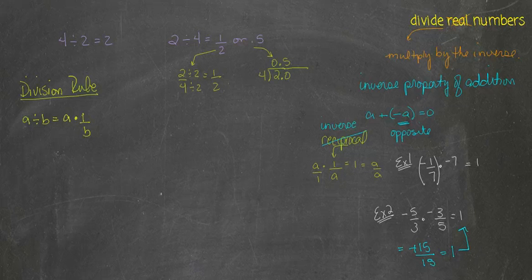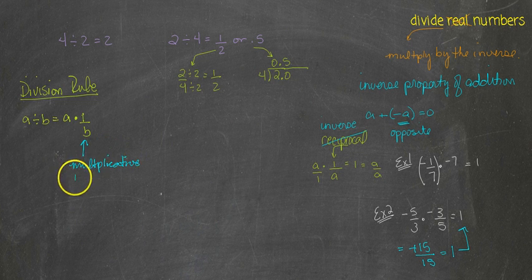In new language, talking about the reciprocal, we say a divided by b equals a times the multiplicative inverse of b. I could even write that.